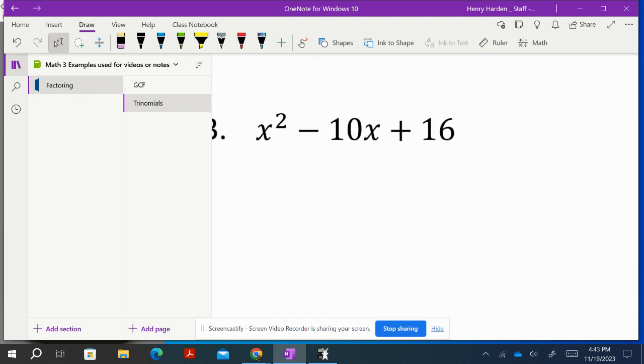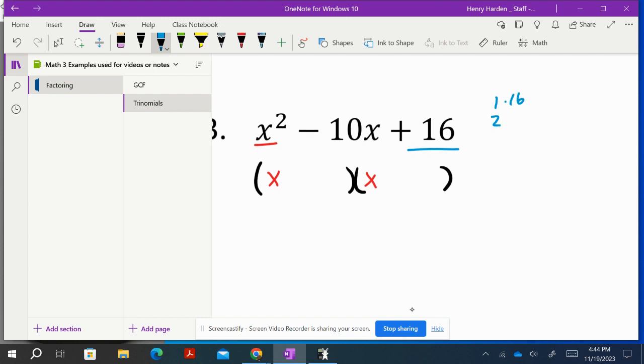Now, if there is no number in front of the x squared, it makes it a little bit easier. So I have x squared minus 10x plus 16. What multiplies the x squared is x and x. Then, what multiplies to give us positive 16? So that's going to give me 1 and 16, 2 and 8, 4 and 4.